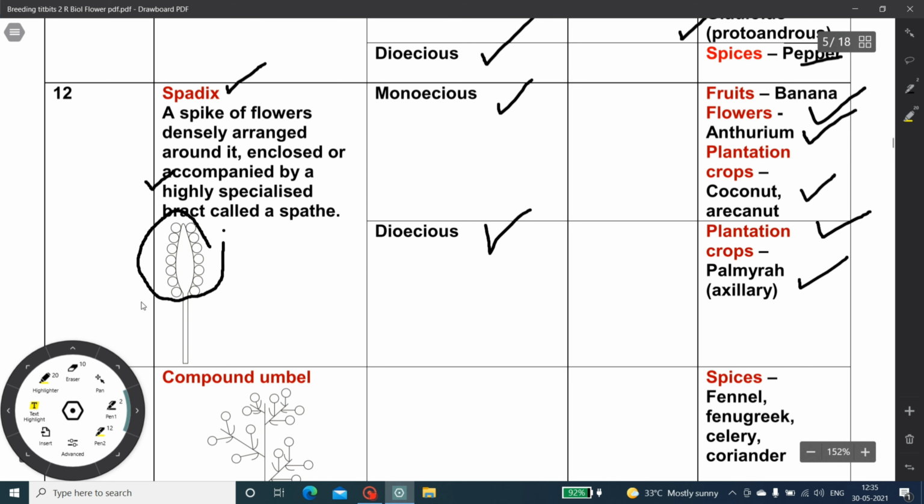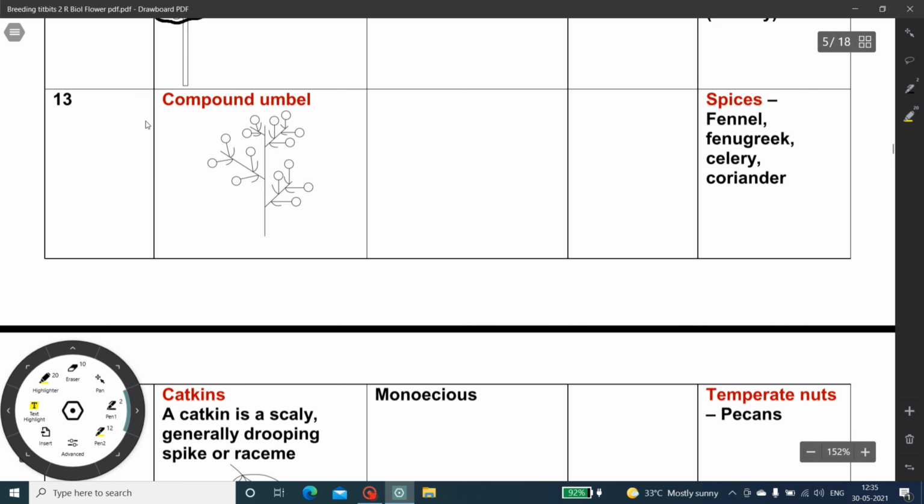Dioecious: palmyra. And the 13th one is compound umbel. This is the diagram for compound umbel, and spices like fennel, fenugreek, celery and coriander are the examples.